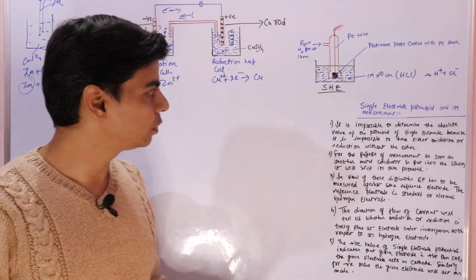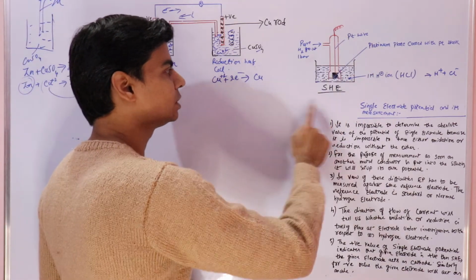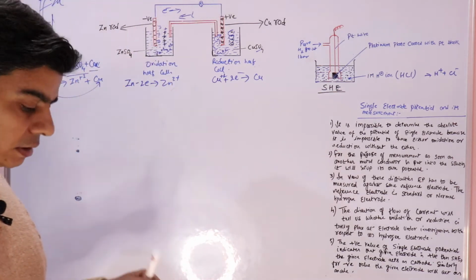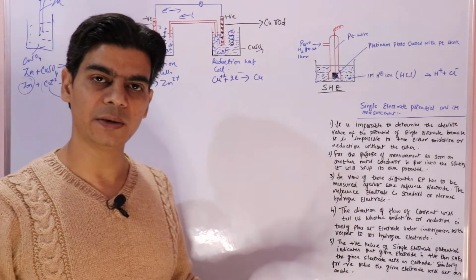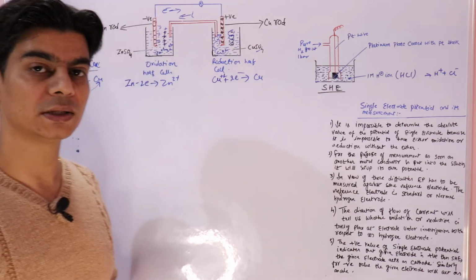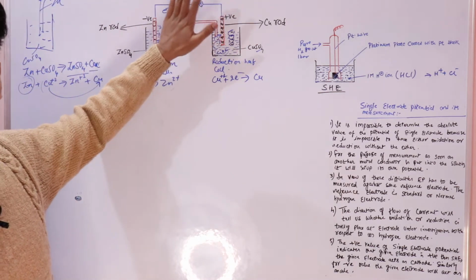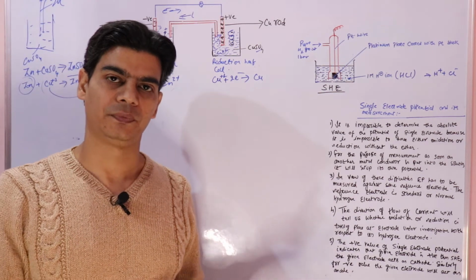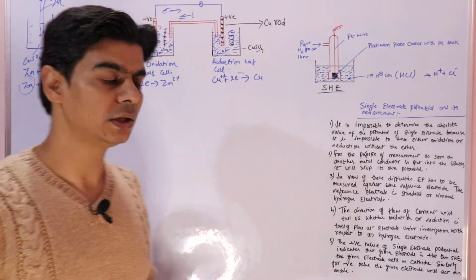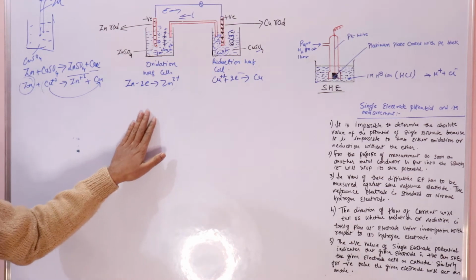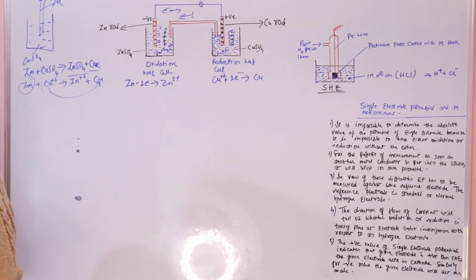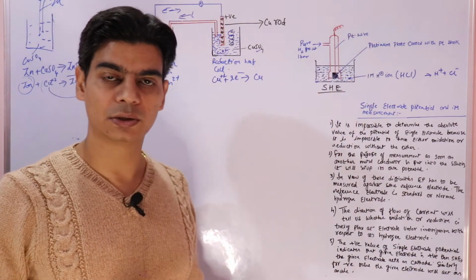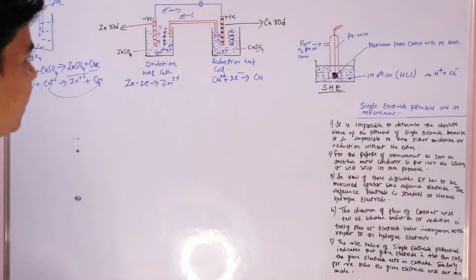Since we know that the electrode potential of the standard hydrogen electrode is 0, whatever is the potential difference or the EMF of the resulting cell, which we get in the reading of the voltmeter, is the electrode potential of the electrode under investigation, that is the zinc electrode.